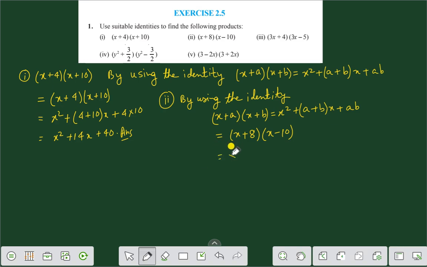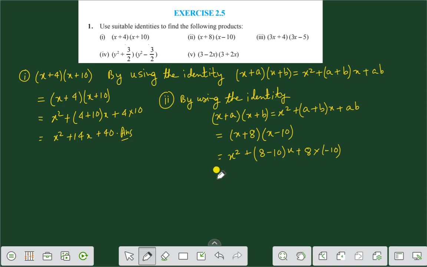x square plus (8 minus 10)x plus 8 into minus 10.